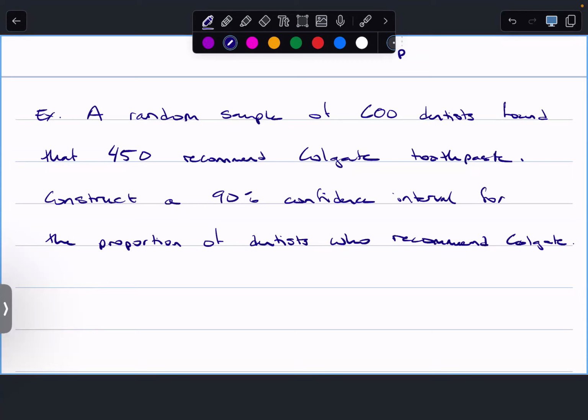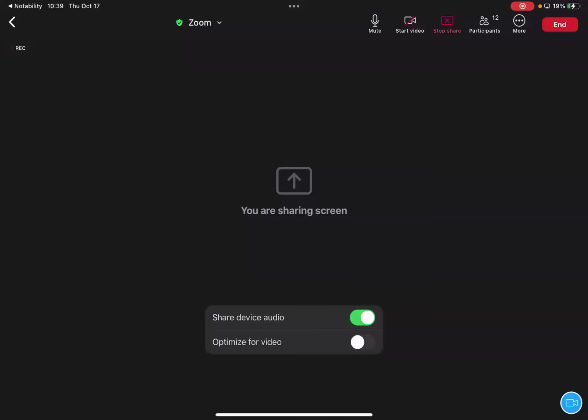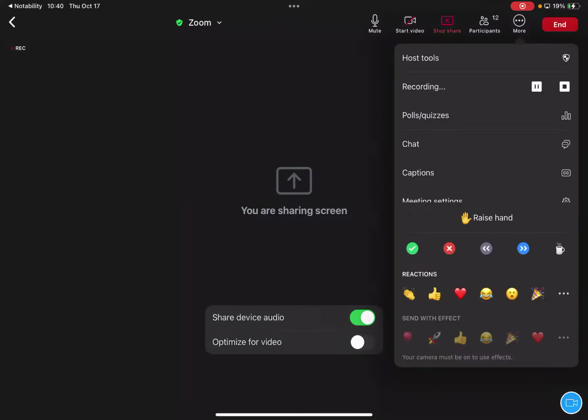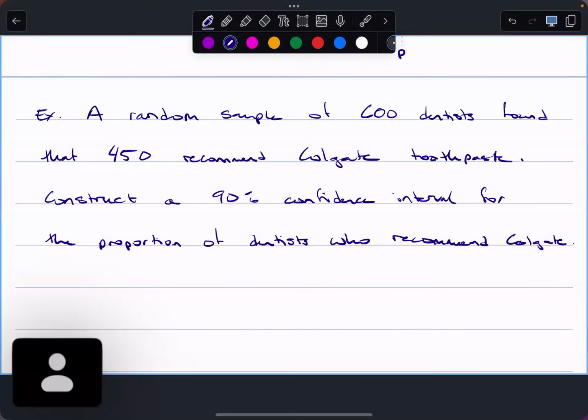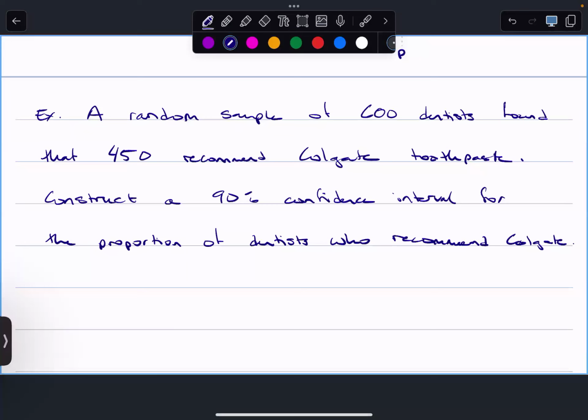Uh-oh. Find the confidence interval and interpret the confidence interval. I'll pause the recording so it's not just a bunch of dead air. But we'll take 5 minutes. Play, good. Okay. All right.